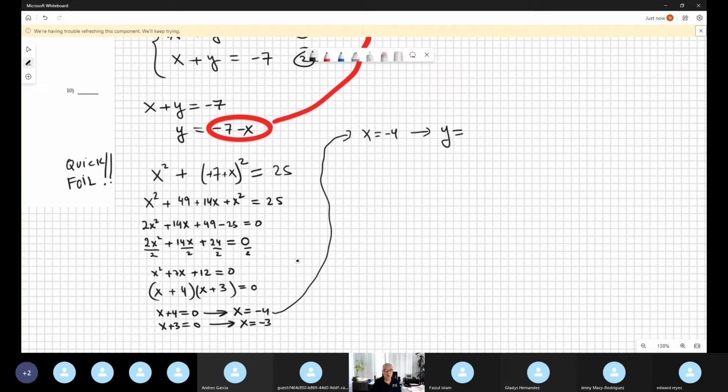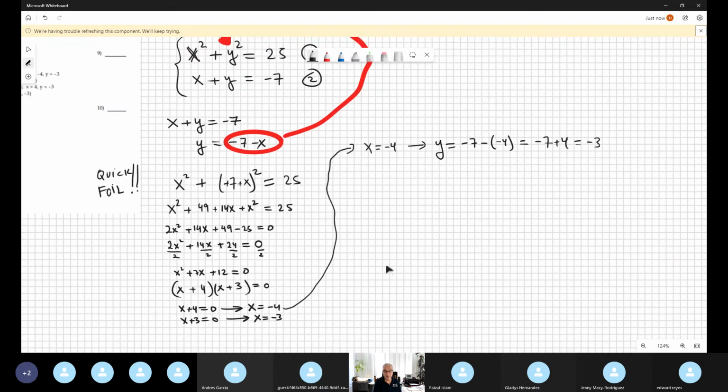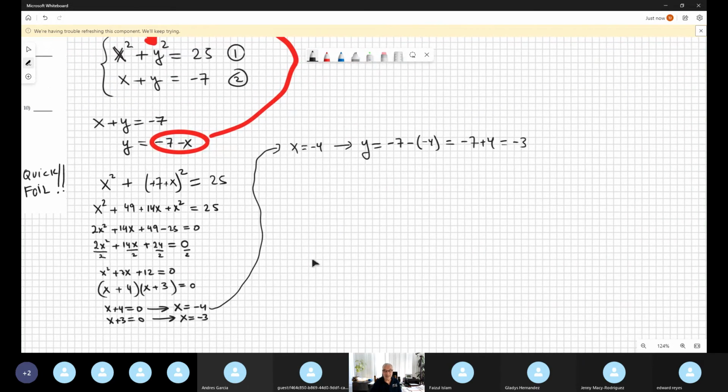Y is equal to -7 minus x. Be careful with the sign, guys, because x is -4. We have a double negative, which becomes positive. -7 plus 4 gets -3. So in this moment, I write the ordered pair associated with the solution: -4, -3.